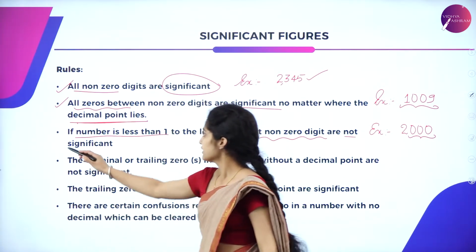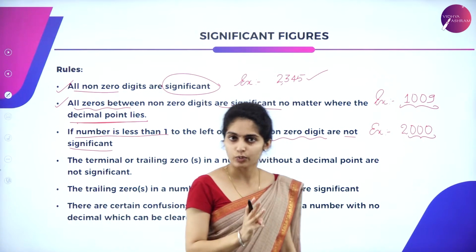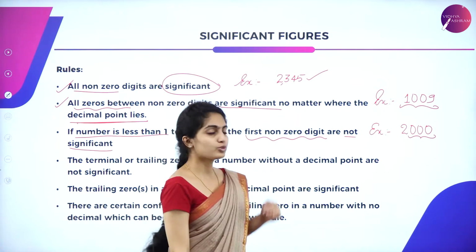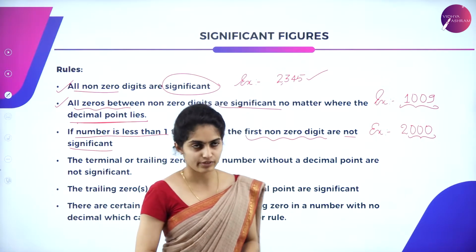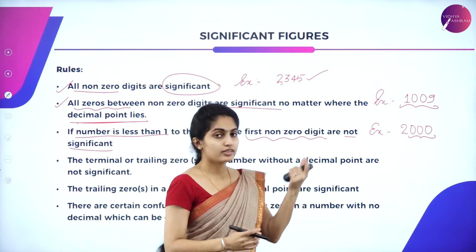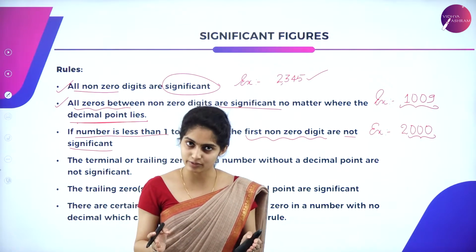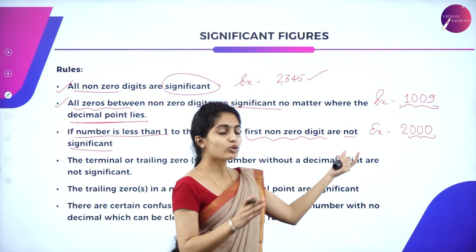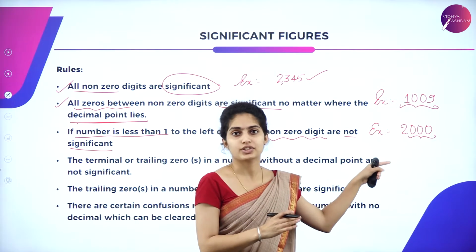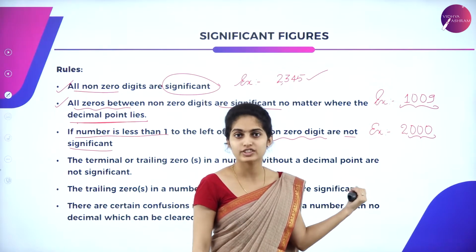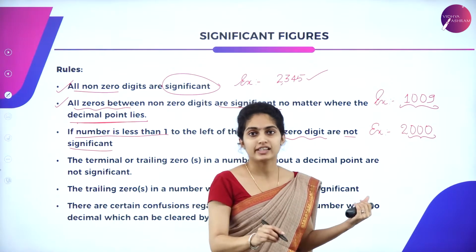I hope you understood the 3 rules. The first rule says that all non-zero digits are significant, the zeros between non-zero digits are significant, and the zeros towards the left side of the non-zero digit are not significant.